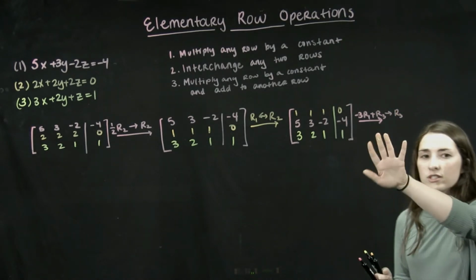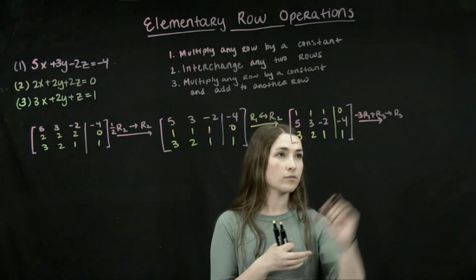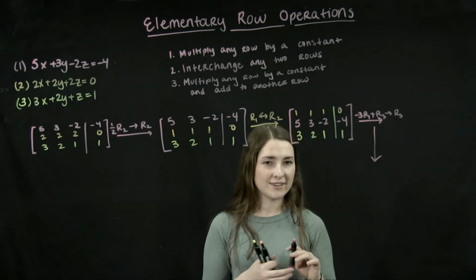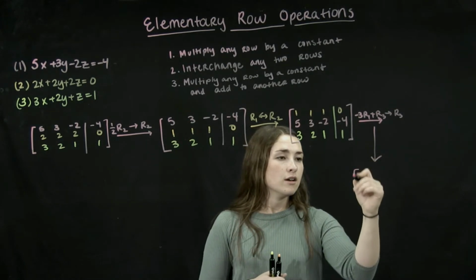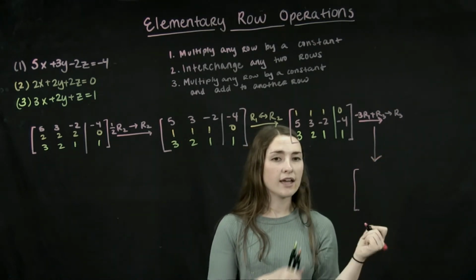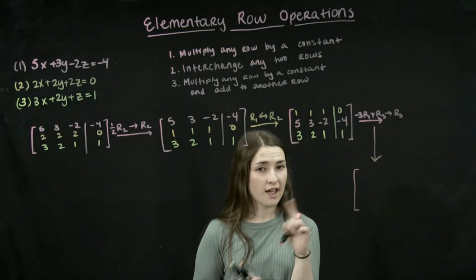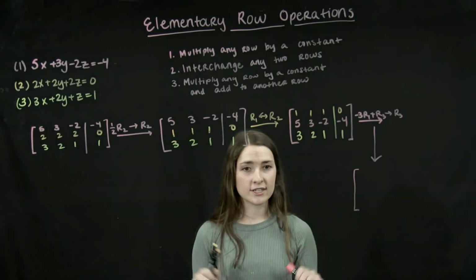So actually, so we don't run out of space here, we're gonna write this right down here. So we're only changing row 3 because it's the only thing on this side of the arrow. Also with elementary row operations, we just change 1 row at a time. These other rows are unaffected.